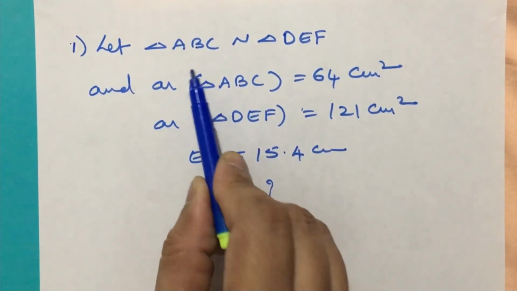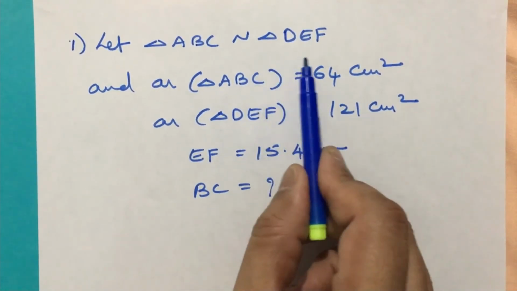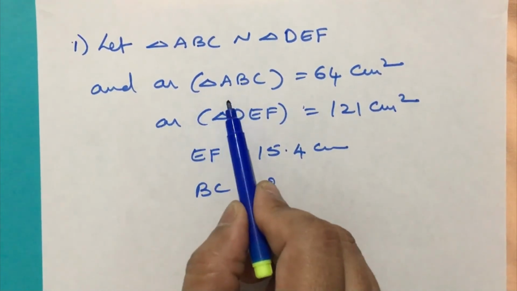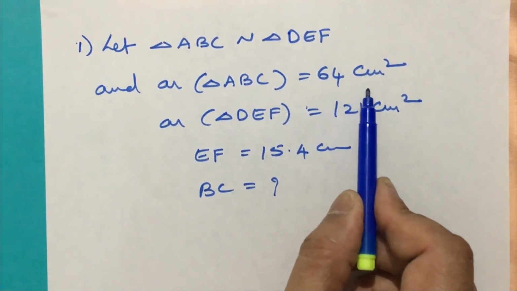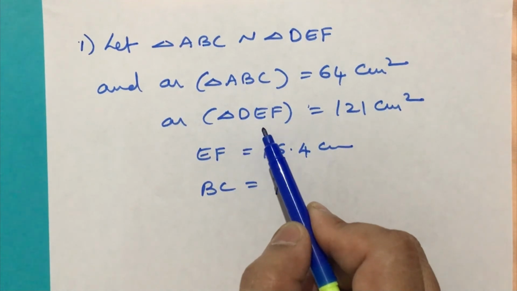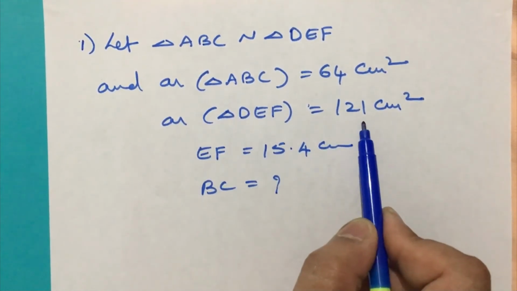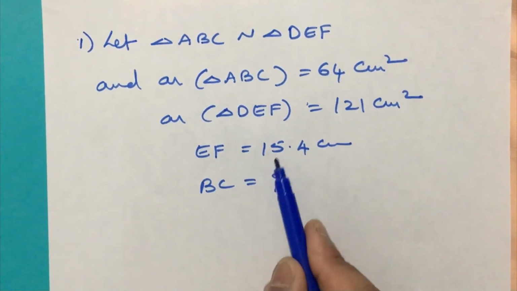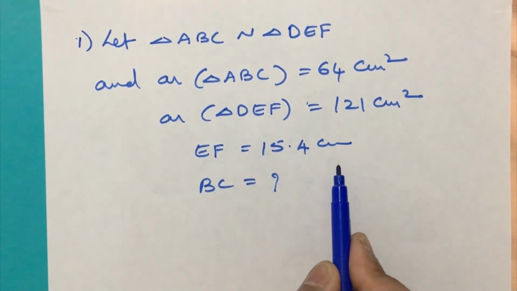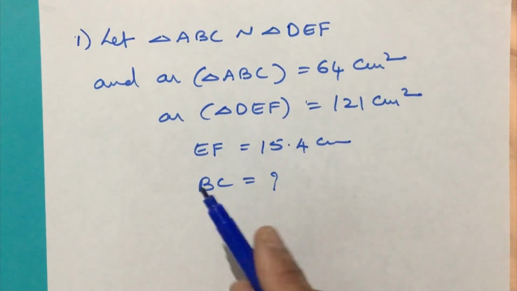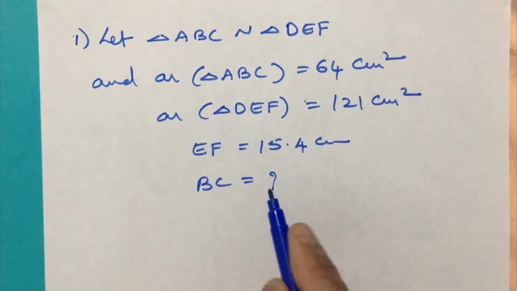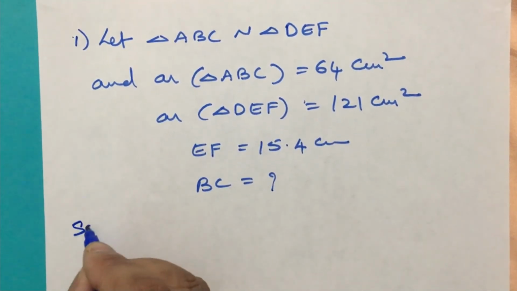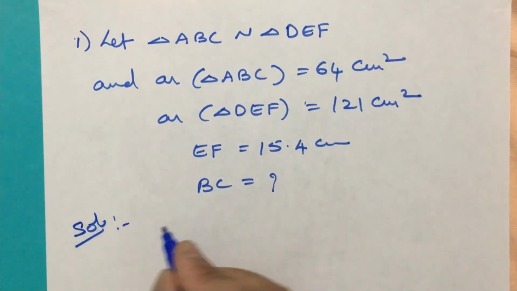If triangle ABC is similar to triangle DEF, and the area of triangle ABC is 64 square centimeters and the area of DEF is 121 square centimeters, and EF, one side of triangle DEF, is 15.4 centimeters, you have to find the BC value. So let us find it by using this area similarity theorem.